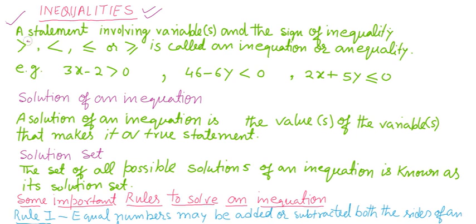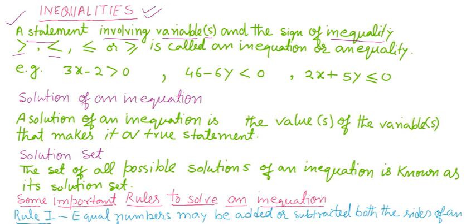A statement involving variable or variables and the sign of inequality, that is greater than, lesser than, lesser than or equal to, or greater than or equal to, is called an inequation, or you can say an inequality.